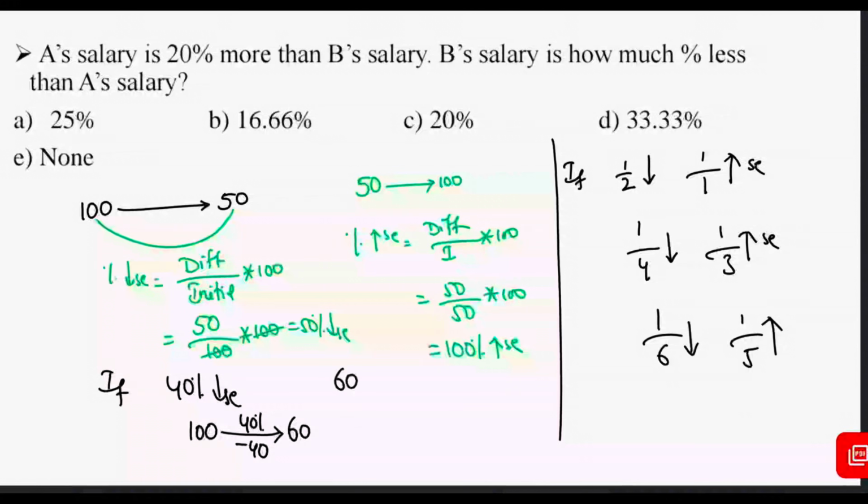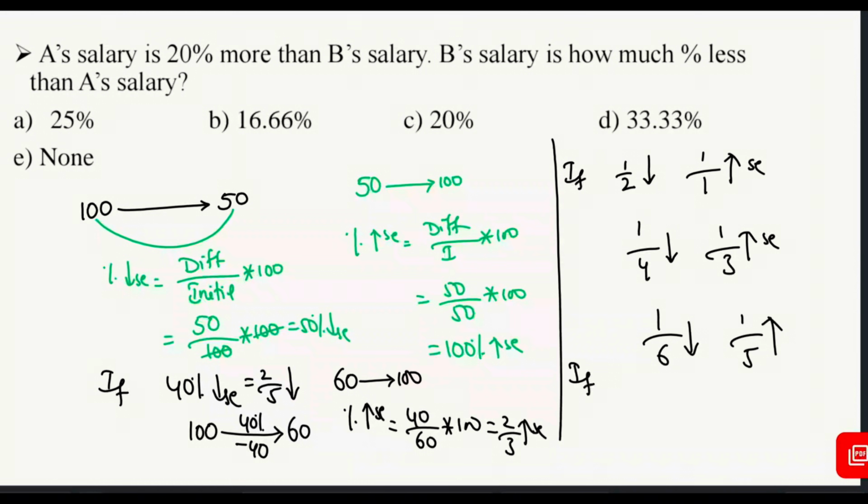To restore the same value, how much percentage do we need to increase? 60 to 100 will be the percentage increase. What is the difference? 40 by 60 into 100. So percentage decrease equals 2 by 5. If 2 by 5 is decreased, 2 by 3 has to be increased.